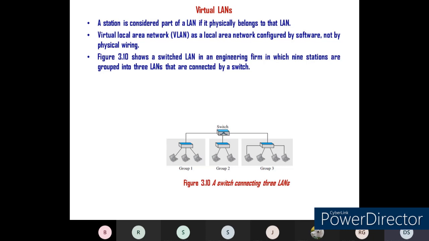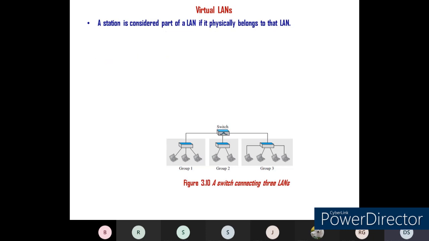Today let us discuss how to connect a number of hosts, meaning computer systems, and a number of local area networks using software. By using software we will connect local area networks with a number of hosts, that is called a virtual area network.